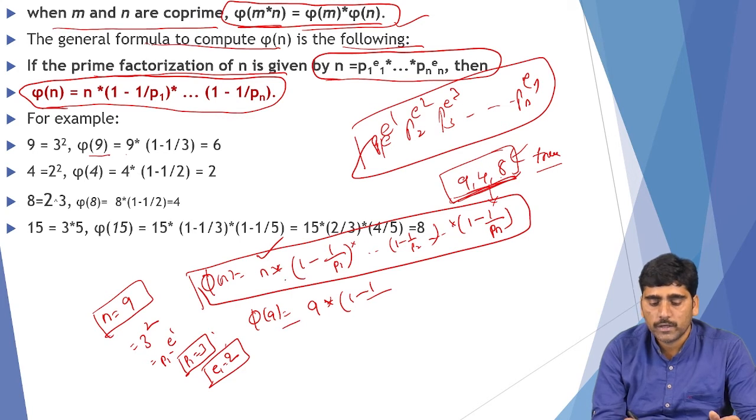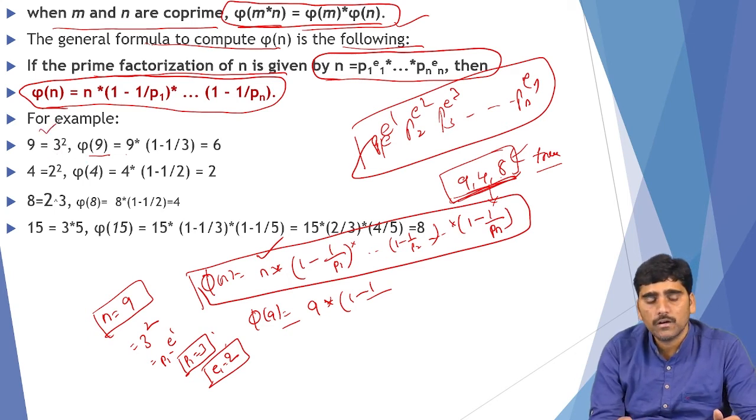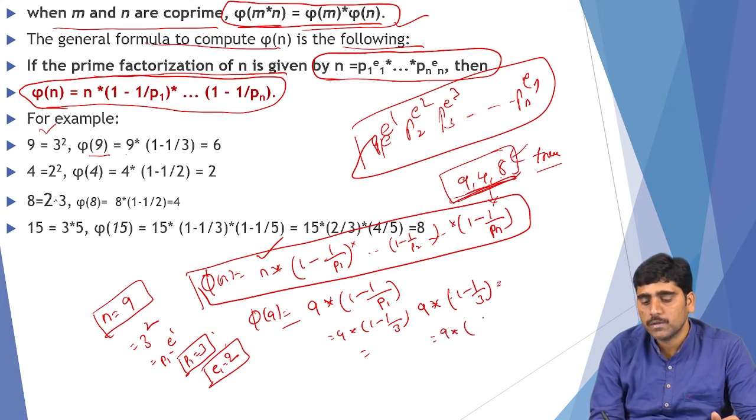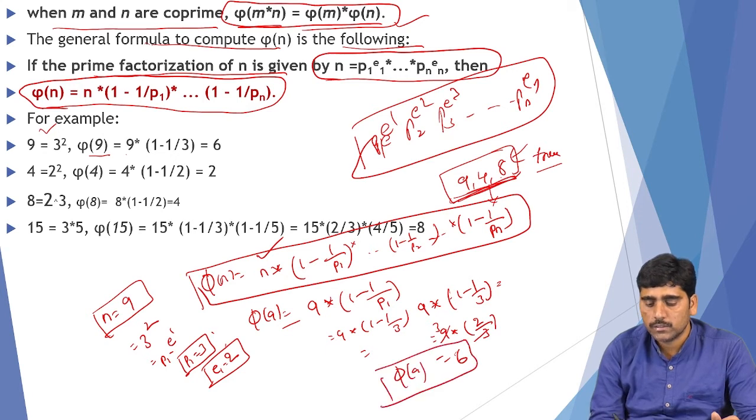Substitute in this formula n into 1 minus 1 by p1, because writing only 3 square is enough for 9. So 9 into 1 minus 1 by 3 is 9 into 2 by 3, 3 times 3 is 9, so 3 into 2 is 6. So phi of 9 equals 6 is holding true. This is the way you can substitute in the formula.